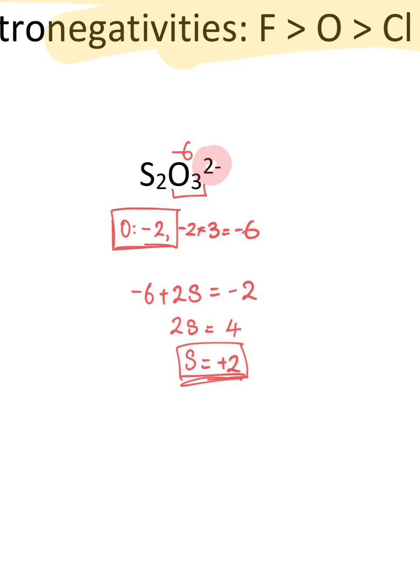When you put these together, it'll add up to -2. Here's one where we have 2 electronegative atoms: oxygen and fluorine. Fluorine takes preference, and the charge of a fluorine ion, the fluoride, is -1. So fluoride is -1, and this is neutral. That means overall this is -1 times 2, because we have 2 fluorides.